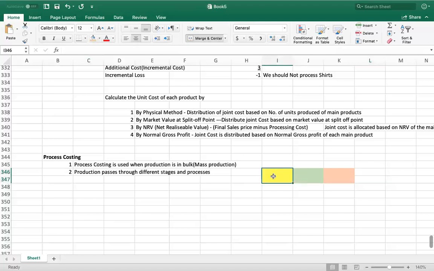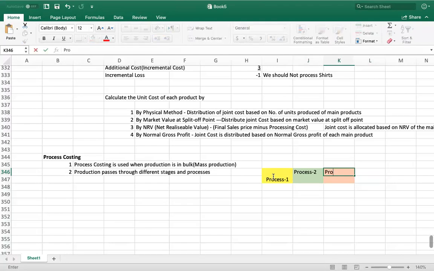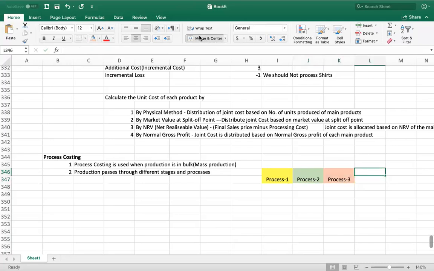Once process 1 is finished, it is transferred to the second process.